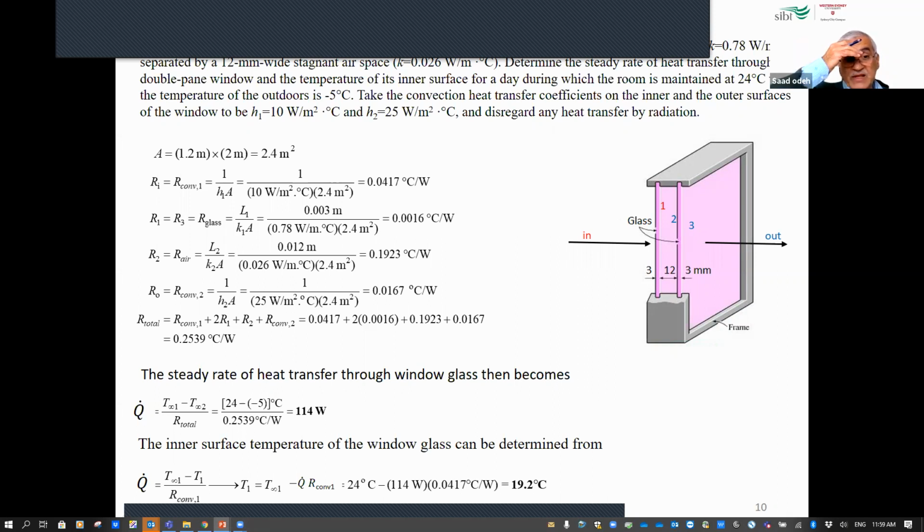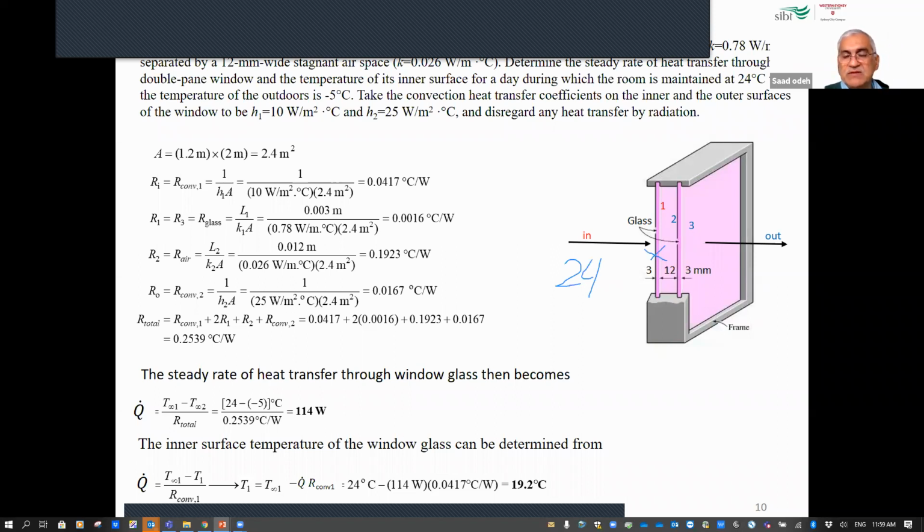All right. There is another requirement here. They want to know what's the temperature of the glass. We know the temperature of the room, which is 24, sorry. But they need to know the glass temperature here.